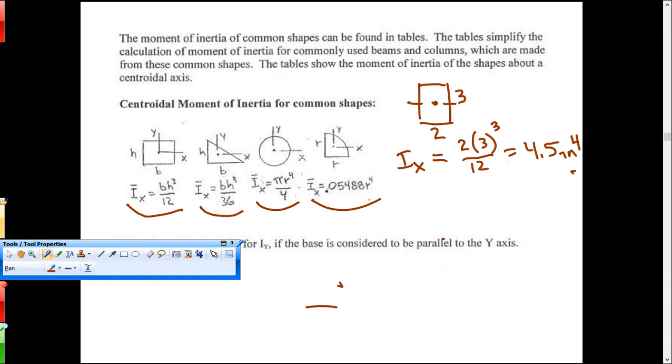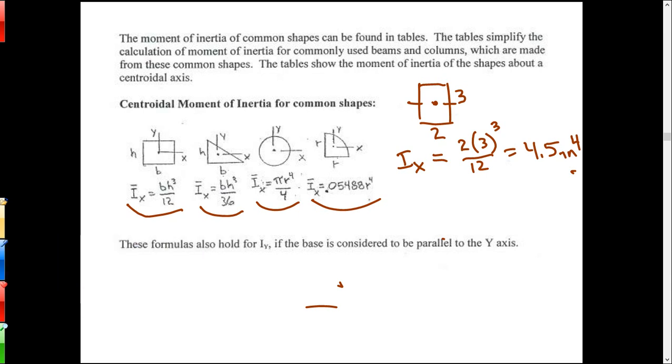Now, let's say I want to find I sub y. What would I get then? Now the base is parallel to the axis, okay? Yeah, it's 3 for the base now. Even though that's really a height, I would just call it the base.